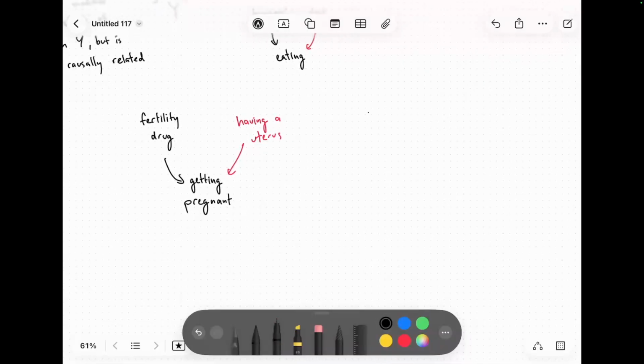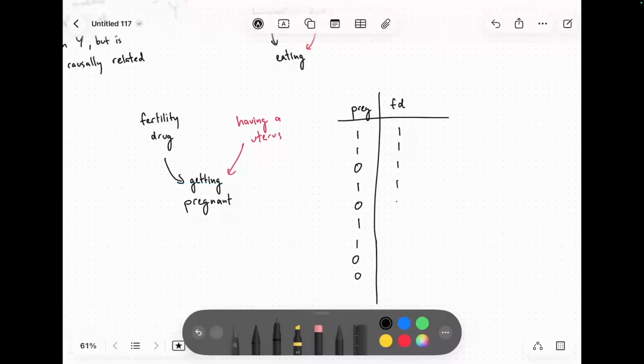If I have pregnant, fertility drug, and you have something like 1, 1, 0, 1, 0, 1, 1, and then you have something like 1, 1, 1, 1, 1.